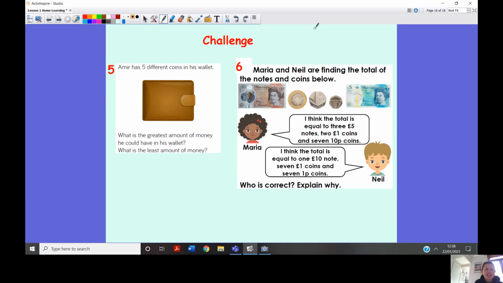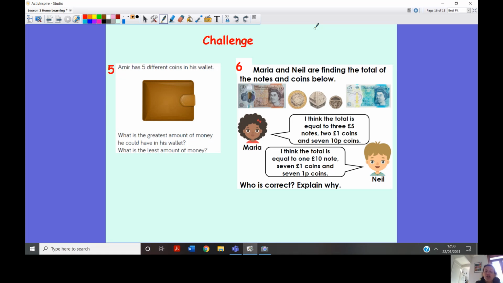I have 2 challenge questions. Amir has 5 different coins in his wallet. What is the greatest amount of money he could have in his wallet? What is the least amount of money? And another question, Maria and Neil are finding the total of the notes and coins below. So they've each got a different amount and they can each see an amount of coins and they're describing how they see the amount.